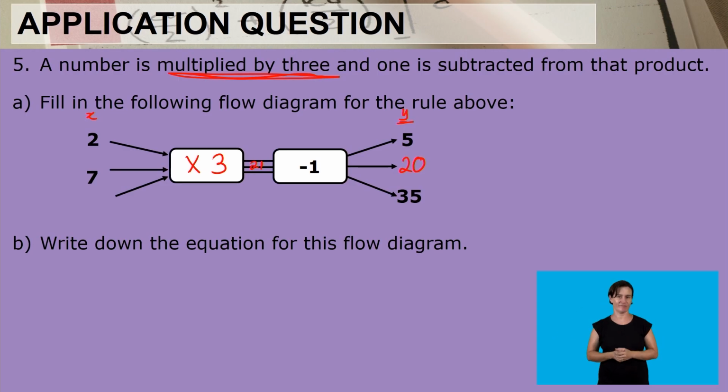So when we take that 35 and apply the additive inverse, so the additive inverse of -1 is a +1. And again, the multiplicative inverse of a multiply by 3 will be a divide by 3, which is of course the same as multiplying by 1/3. So we are going to say 35 plus 1, remember, because we are moving backwards.